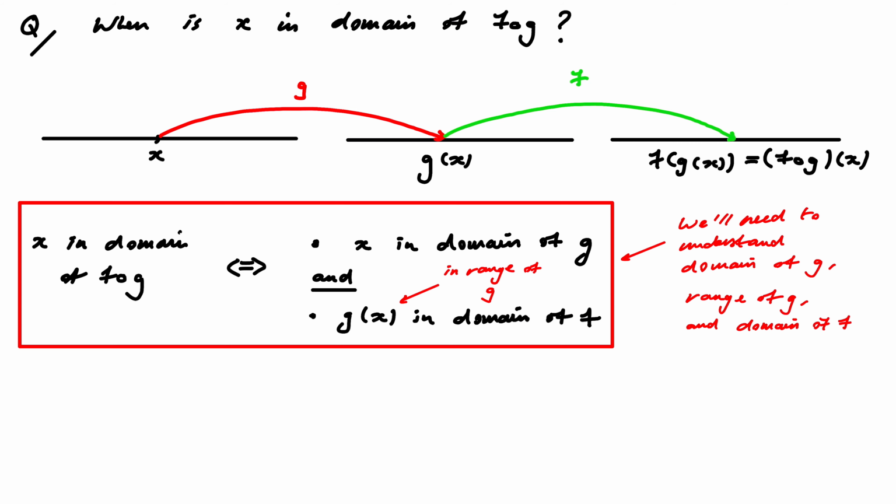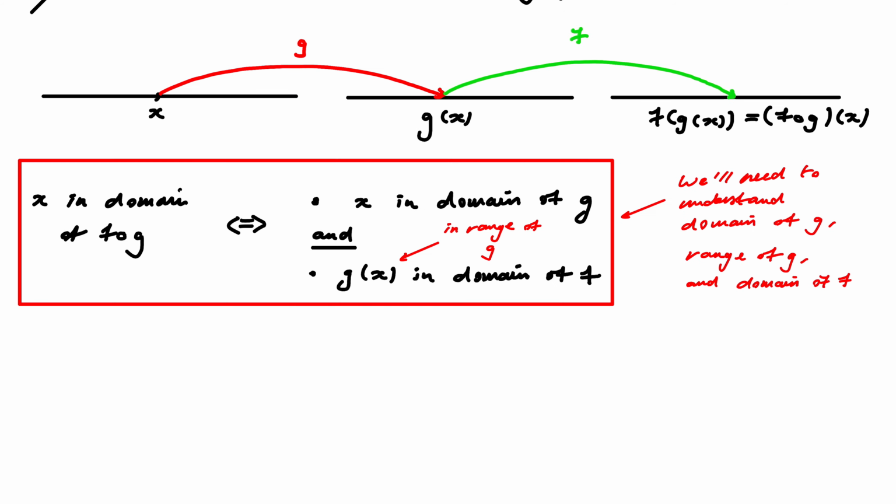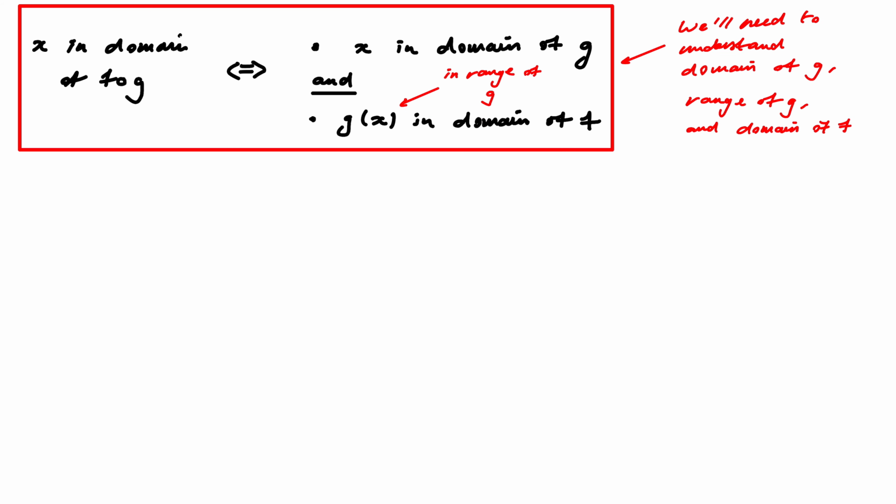So let's boil this down to a strategy, shall we? So here is our strategy to determine the domain of a composite. I think there are three things that have to happen, and I think we're going to do them in this order. First, find the domain of F. Let's do this one first.